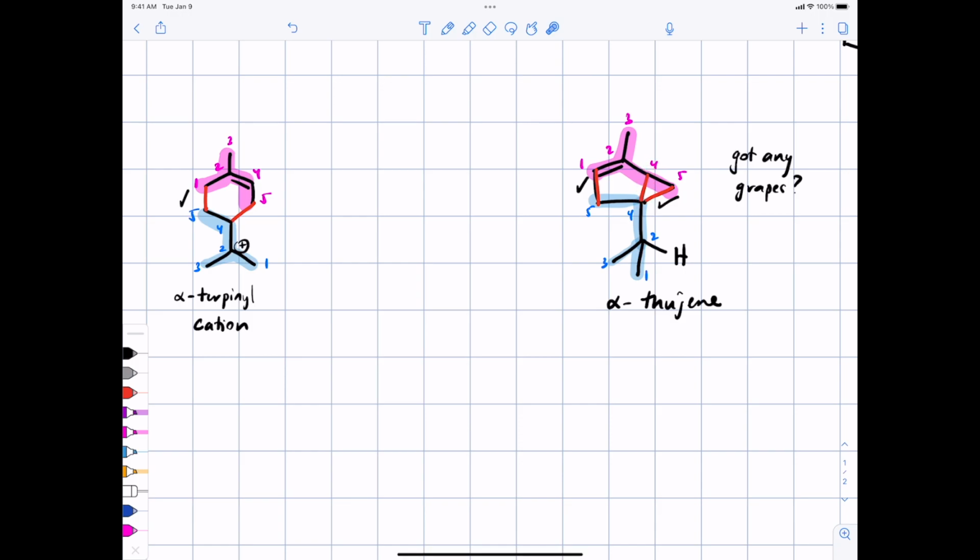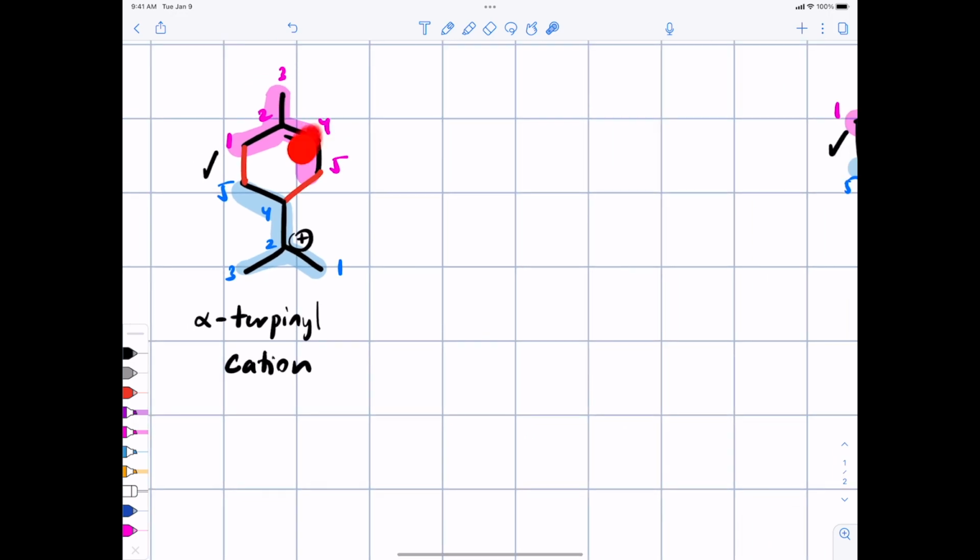Now, as I look at that, pink 4 and blue 4, I've got a problem, and that is blue 4 isn't a carbocation. The way I typically make sigma bonds in terpene synthesis is a pi bond attacks a carbocation, but I haven't got the carbocation in the right place.